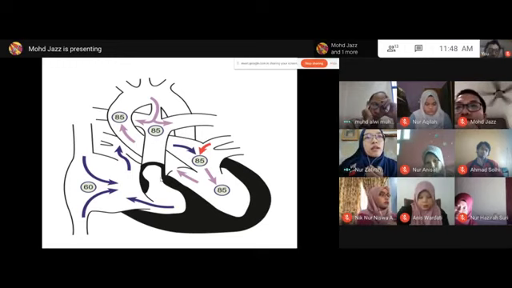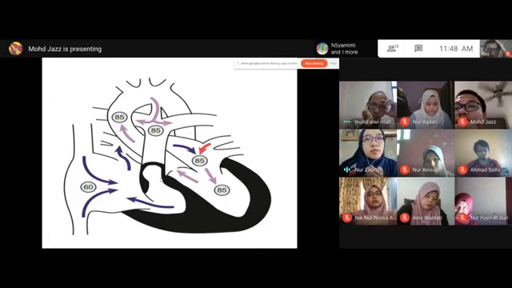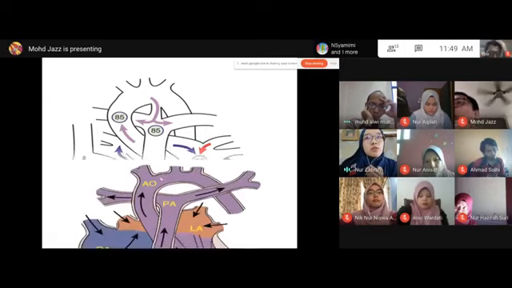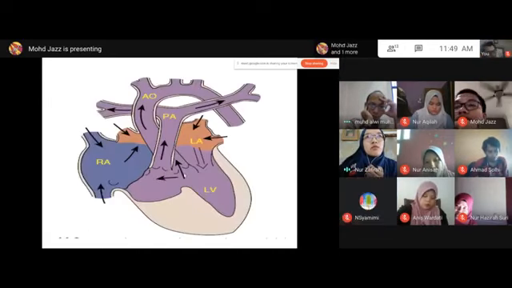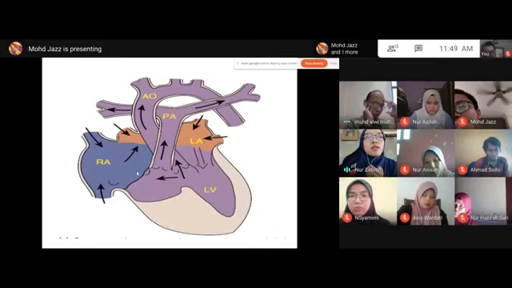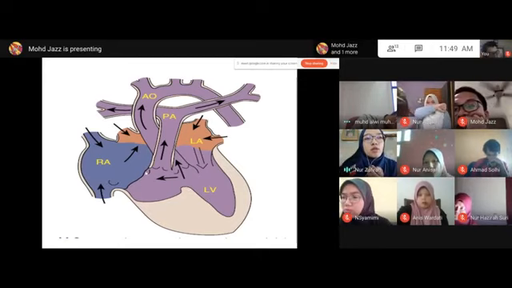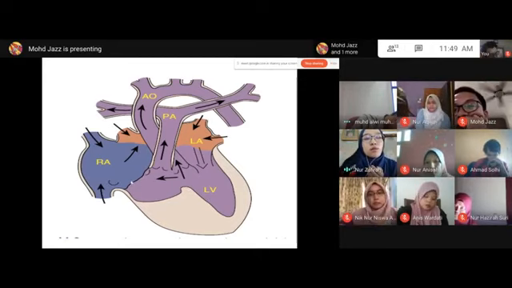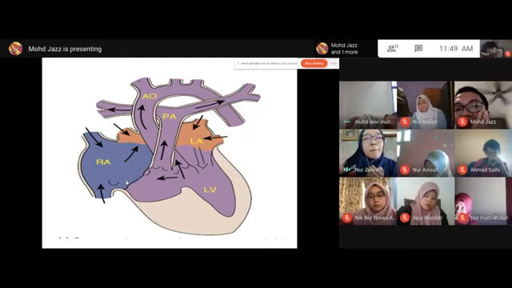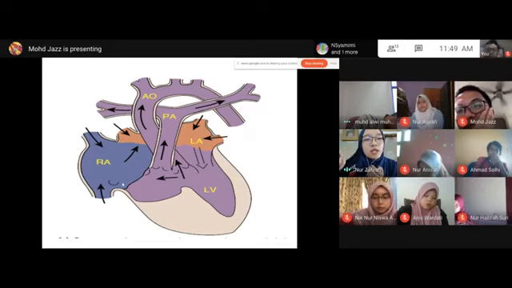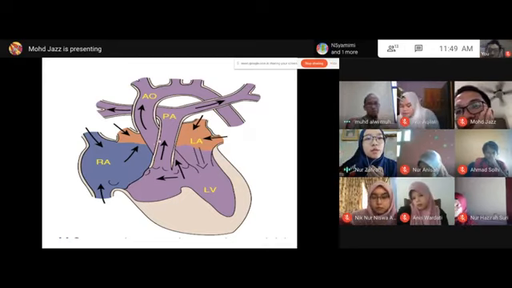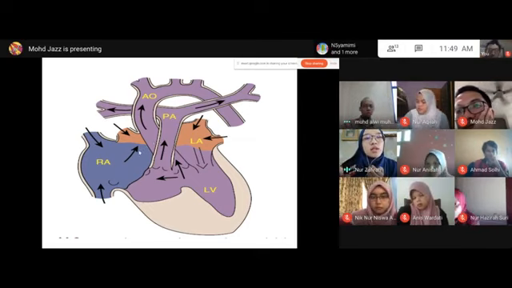So next is tricuspid atresia. From the word atresia, like I have mentioned before, tricuspid atresia is due to absence of the valve itself. From this picture, there is absence of the tricuspid valve. So the blood flow from the superior and inferior vena cava will go into the right atrium, and then go straight towards the left atrium.